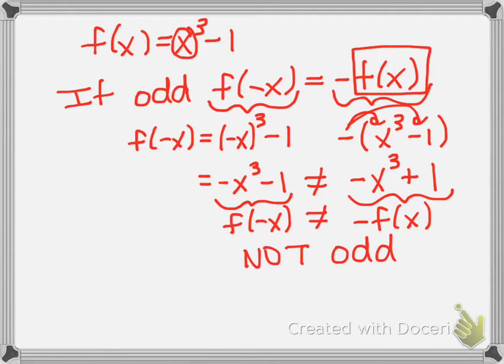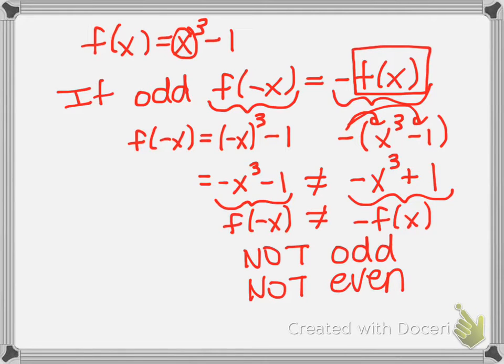Now, that doesn't mean it doesn't have any kind of symmetry. It just doesn't have algebraic symmetry. It is still symmetric about its y-intercept, but that's complicated, and we don't prove it algebraically. We're only trying to prove these two kinds of symmetry algebraically. We already know that this function's not even. We know it graphically because we could tell it didn't reflect across the y-axis.